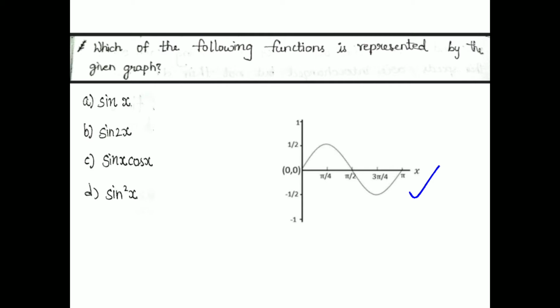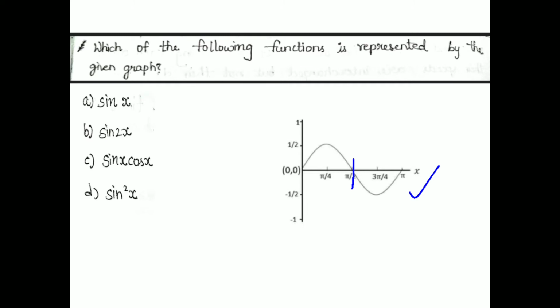And the next thing is, we know that sine pi by 2, that is sine 90, is 1. But here, at the angle pi by 2, that means 90, the function is becoming 0.